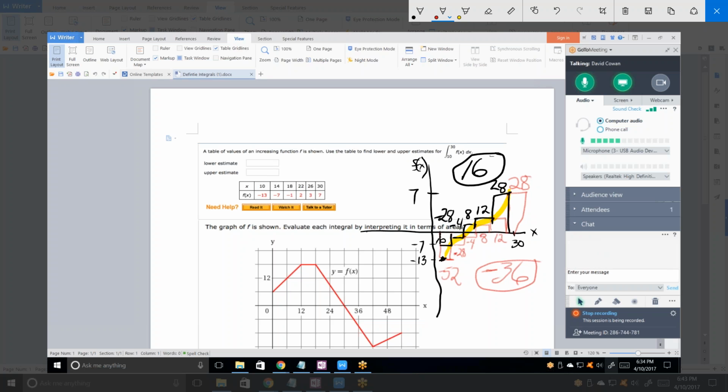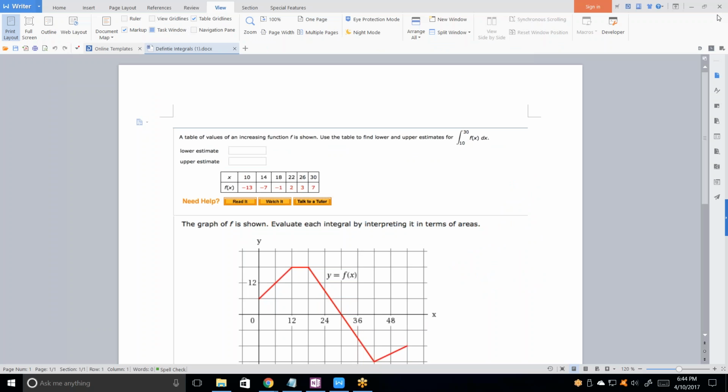But the secret really is to connect those dots and make it a continuous function, and then use the way you would normally do left-hand and right-hand endpoints. It's just confusing below the x-axis because it looks like left-hand endpoints overestimates it, but it really doesn't. It underestimates it when you think about the fact that you're dealing with a negative number. All right.